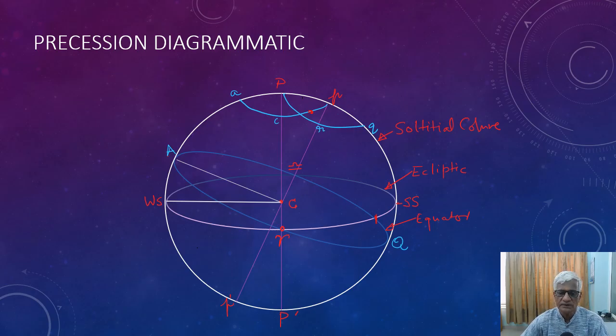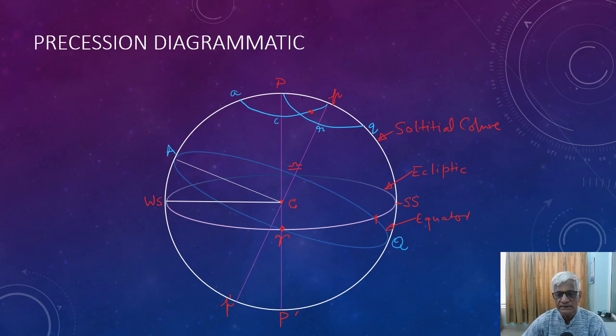Therefore, the point of Aries, or the point of coincidence of the ecliptic and the equator, the equinox, also shifts by an equal distance along this plane.